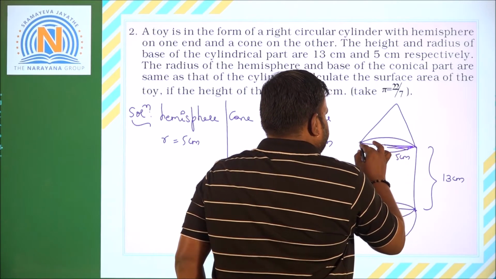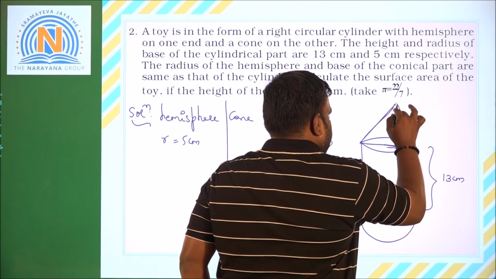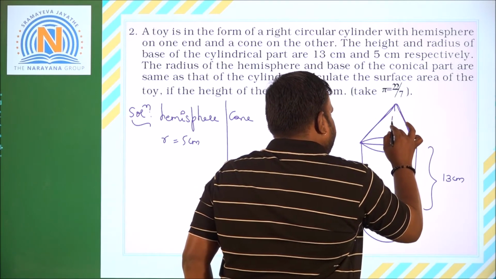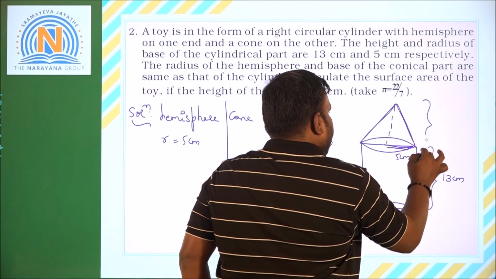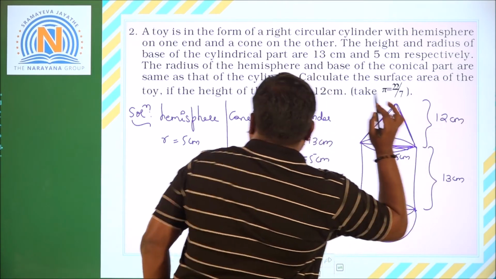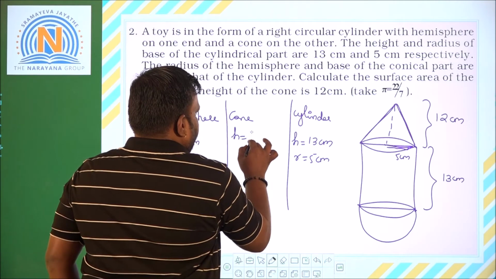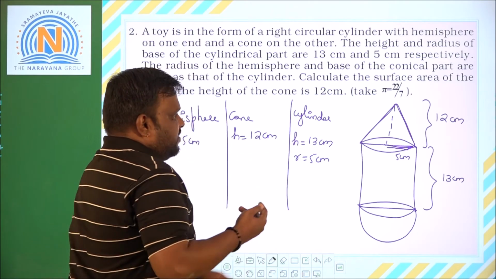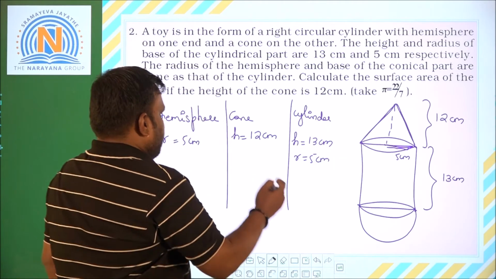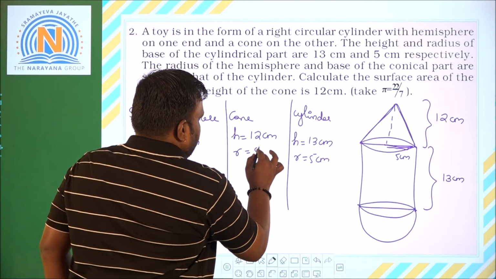The height of the cone is given as 12 centimeters, and since the cone is placed on the cylinder, obviously the radius will be the same, that is r is equal to 5.